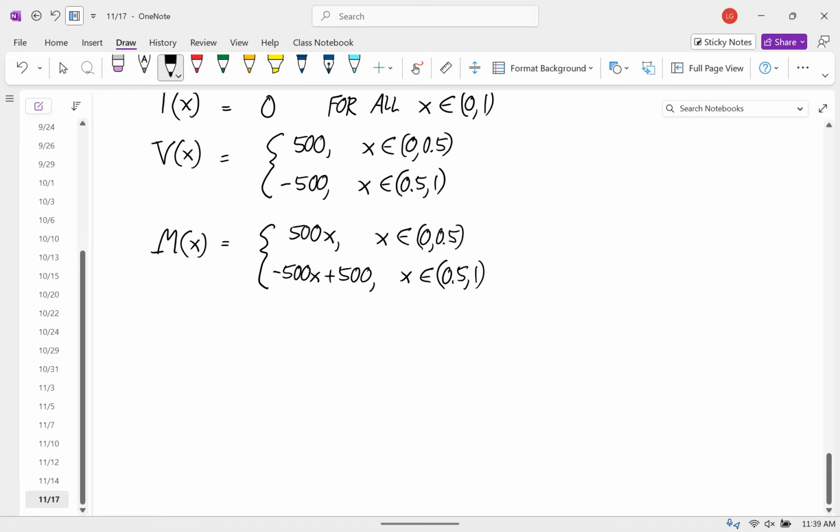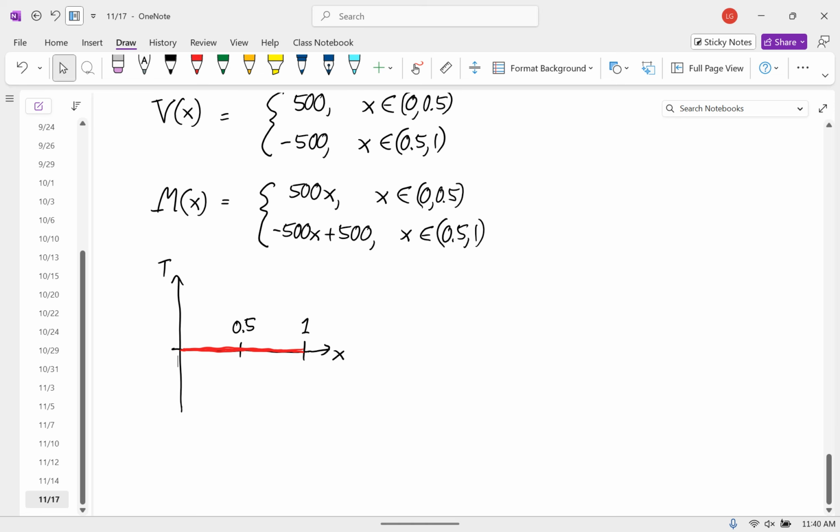So if you graph the internal tension as a function of x, it would just look like this. That's pretty boring. I didn't put any horizontal stuff in there, so there's no tension or compression. If we plot the shear force as a function of x, so here's our 0.5 and here's our 1.